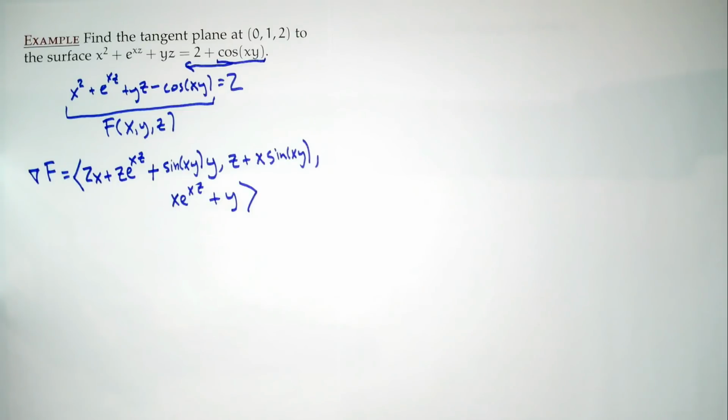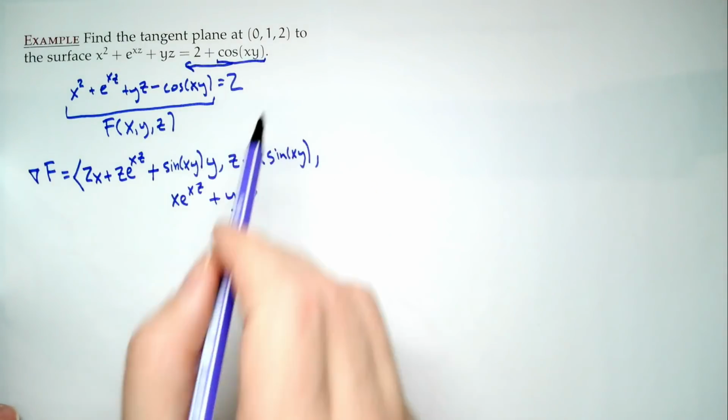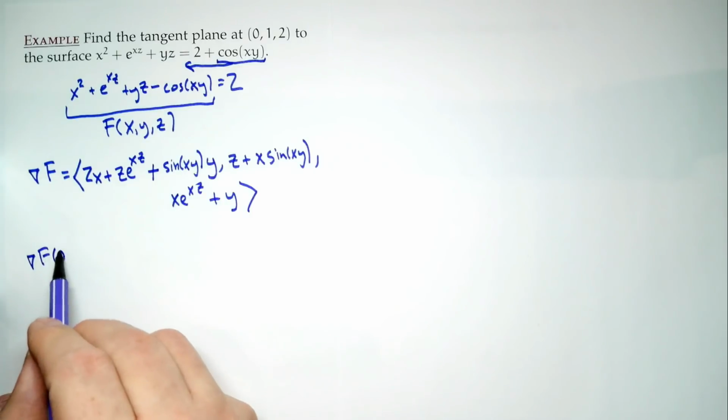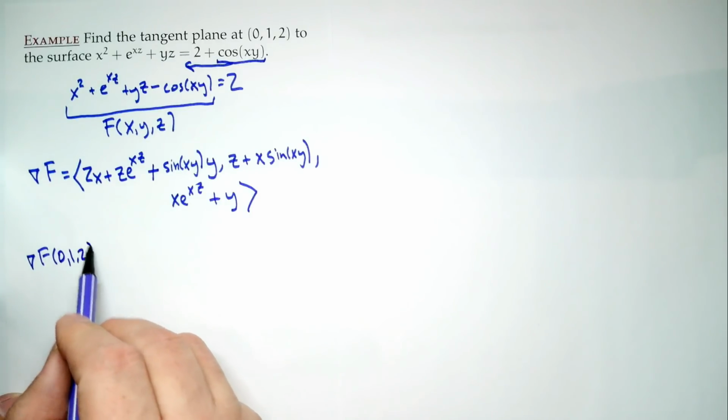How do you get a slope from a gradient? Yeah, you evaluate it. So when you have variables, that's not a normal vector yet. You need numbers, and you get those by evaluating. So now, where do we evaluate? 0, 1, 2. So, the gradient of f evaluated at 0, 1, 2.